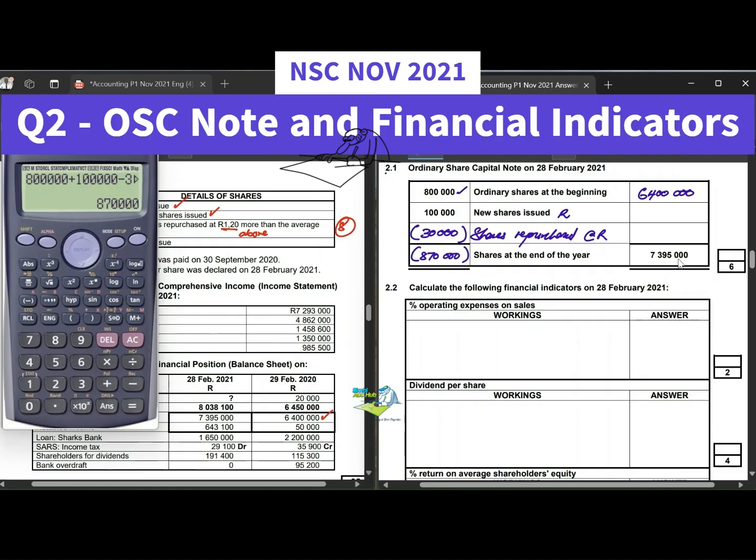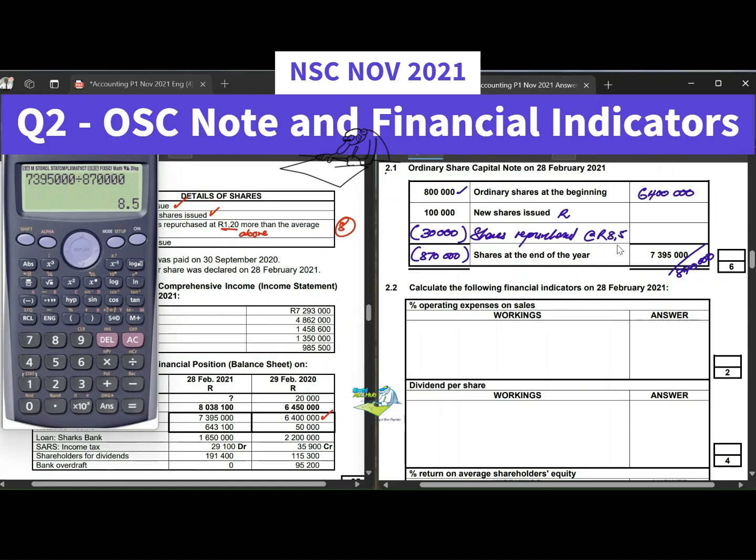Once I have this, because there is no further movement or further issue of shares, I can then get my average price. I simply take my 7,395,000 and I divide it by 870,000 shares. And then it will give me 850. So I'll come here and then it's 850.